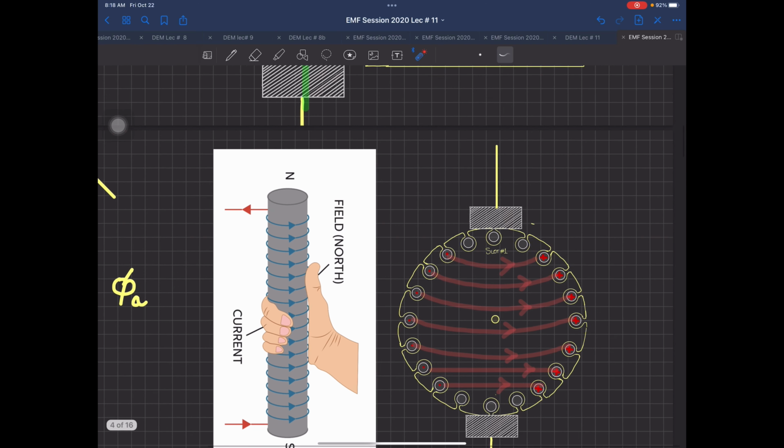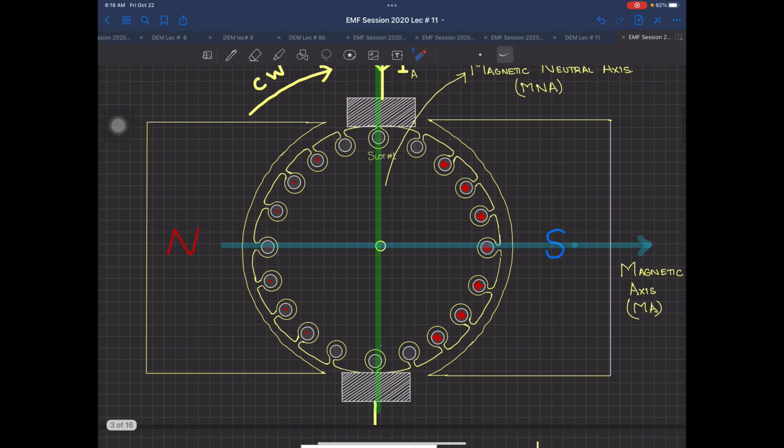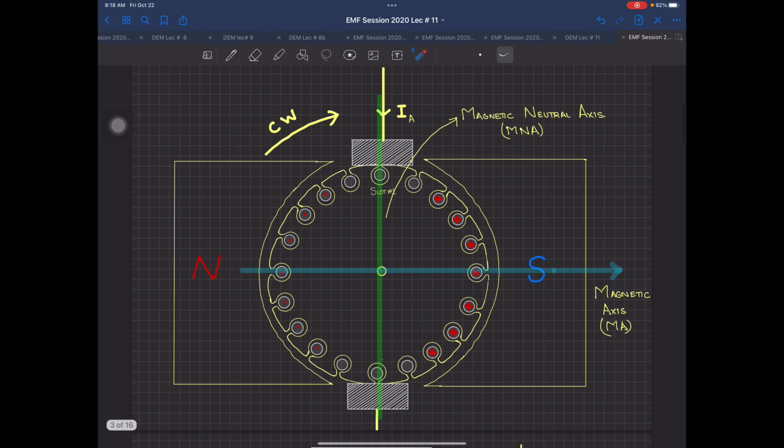Now in this diagram, what I have shown over here, this flux is equal to phi F. This flux over here is equal to phi A. Now, these two fluxes, if they are of reasonable quantity, and certainly they will be when the machine is working at load.